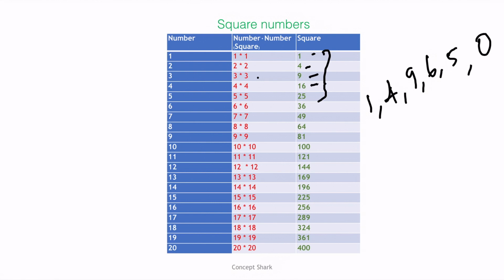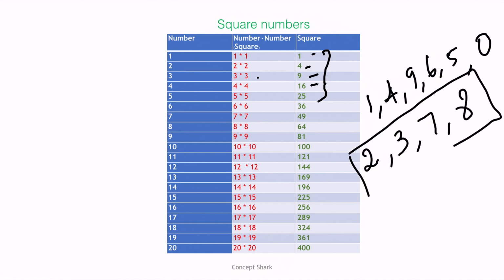So from this one we can say if the square number ends with 2, 3, 7 or 8, this is not going to be a square number. So we can say that always the square numbers are ending with 1, 4, 9, 6, 5 or 0, and it is not going to end with 2, 3, 7 or 8.